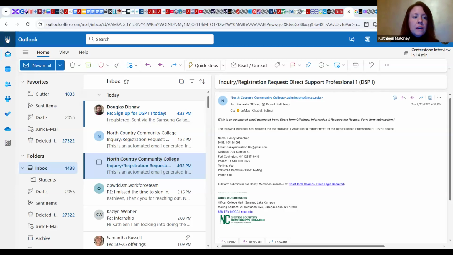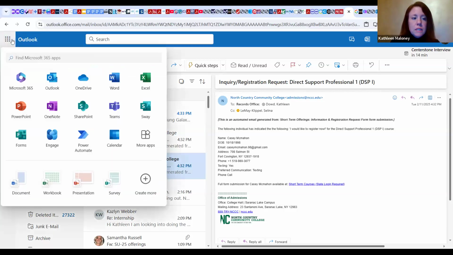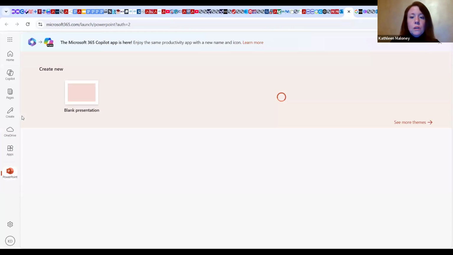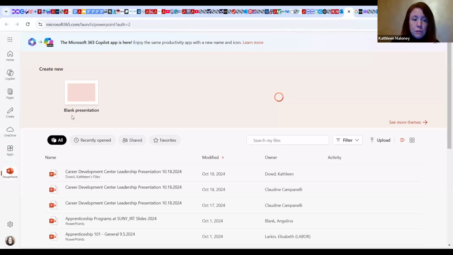So if I go over here to the app launcher on the left-hand side, you'll see all of these apps and you'll be able to click PowerPoint and you'll gain access to PowerPoint. You may have to be online to be able to do this, but you can download a blank presentation, from my understanding, onto your computer.